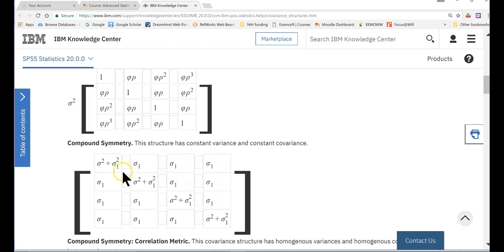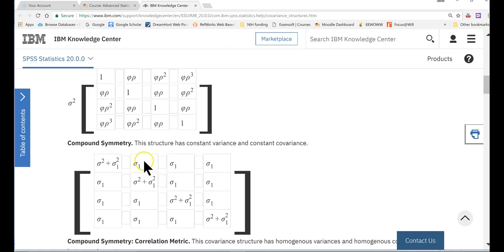Now let's look at this. The variances all have the same number. When we were talking about diagonal, we had subscript 1, 2, 3, and 4. The variances were different, but then we had 0 for covariances. So the covariances weren't related to each other. Now we say they're related to each other, and they're related in an equal way.